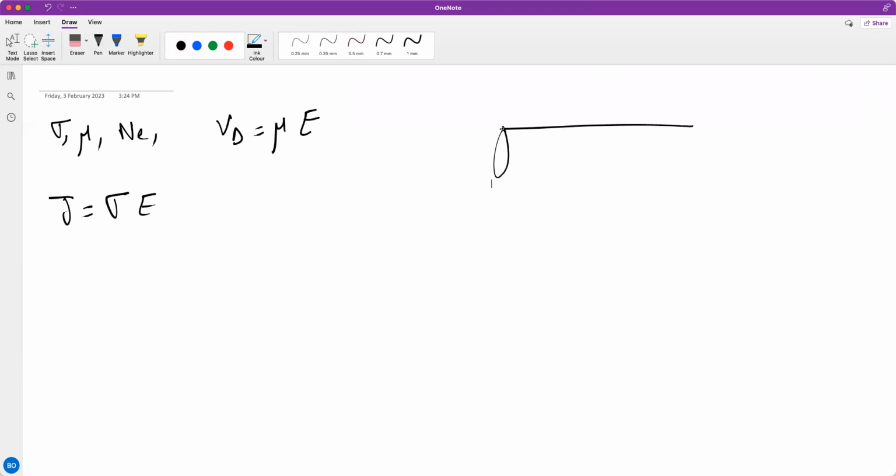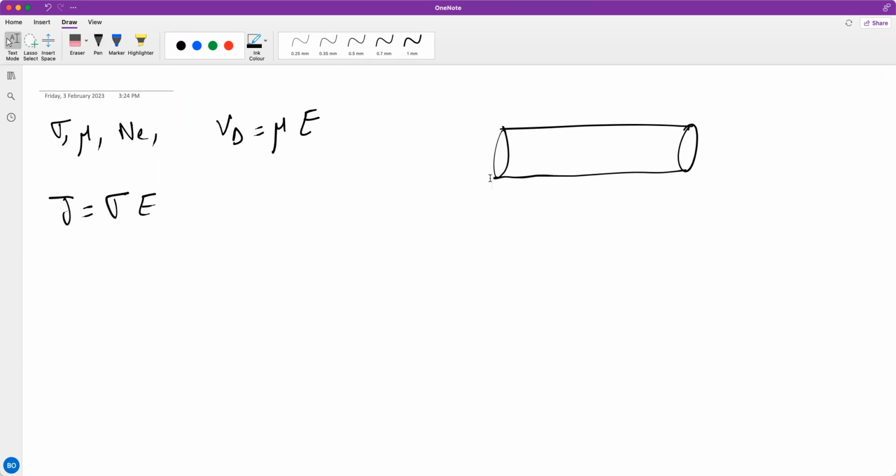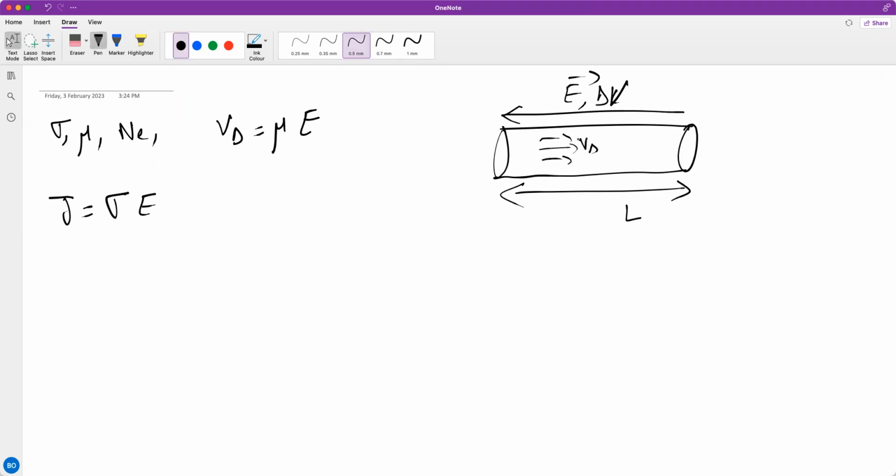For example, if I have a copper cable of length L, and a potential difference applied across it, this will create an electric field. This will make the electrons move with a drift velocity, and this drift velocity is proportional to the electric field by the mobility.